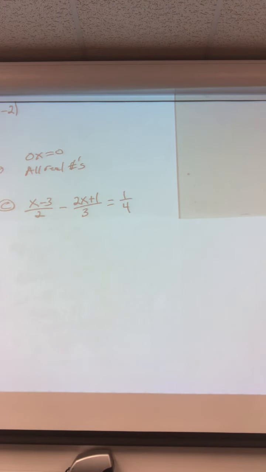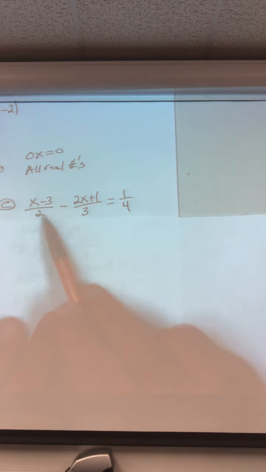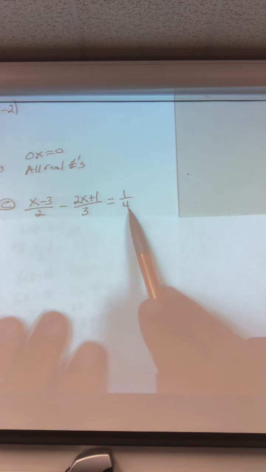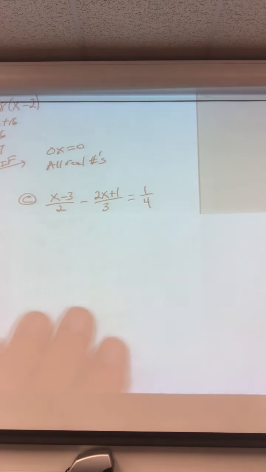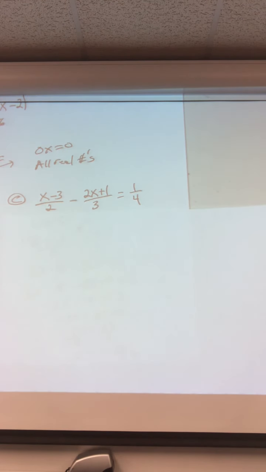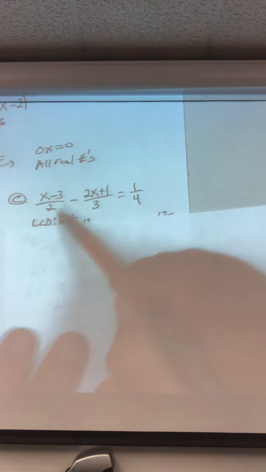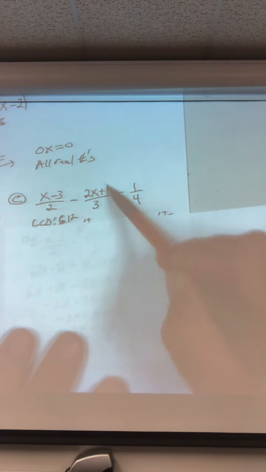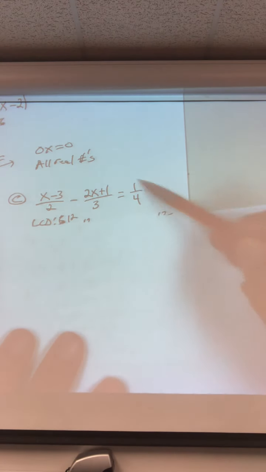Next example. Dividing 2, dividing 3, dividing 4. So I want to multiply through by a big enough number that 2, 3, and 4 all divide evenly into, which is 12. So the LCD is 12. Now what I want to do is multiply through by 12. When I multiply through by 12, this is one term, this is one term, and this is one term.